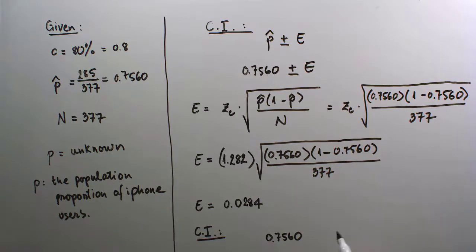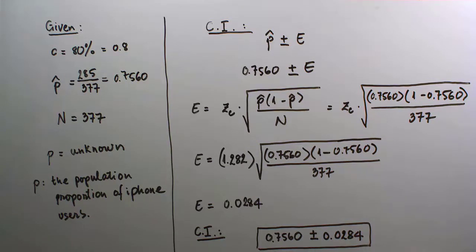The actual proportion of iPhone users, the actual population, the value of the population proportion of iPhone users is anywhere from this sample proportion 0.7560 and up and down by another additional 0.0284. So anywhere 0.0284 up and down from our sample proportion 0.7560. That is the interval that at 80% successful rate, the actual proportion, population proportion here will fall inside of that interval.